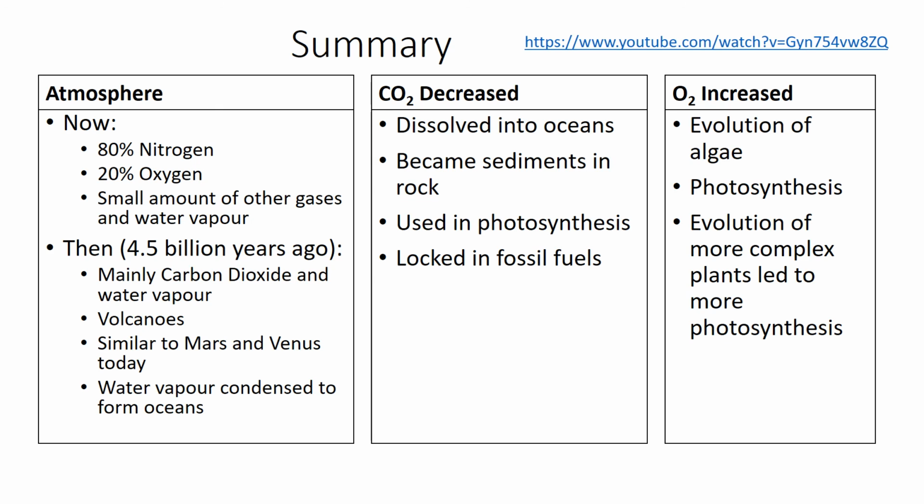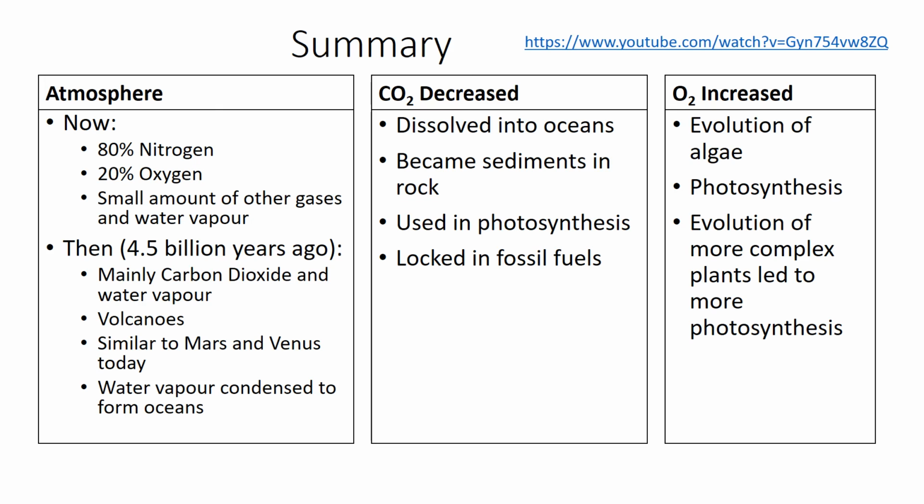We know that the atmosphere changed, and we think that carbon dioxide decreased due to it being dissolved into oceans, becoming sediments in rock, being used in photosynthesis, and being locked up in fossil fuels.